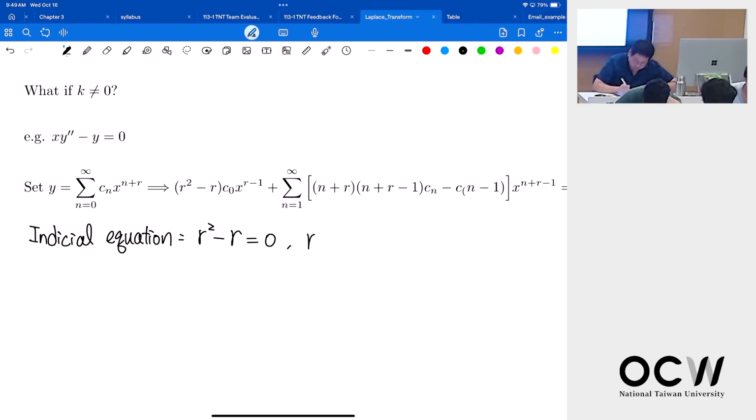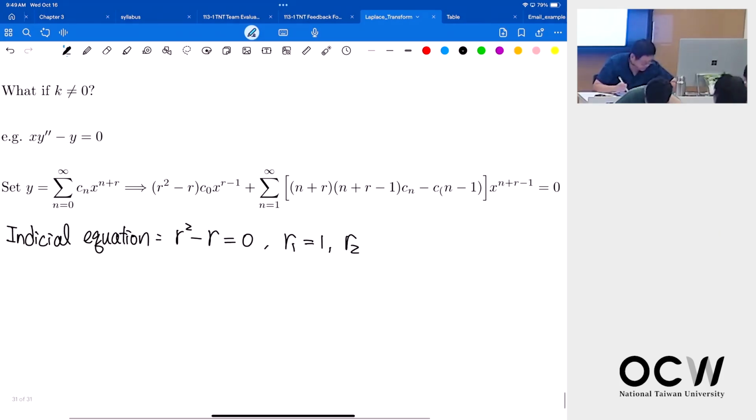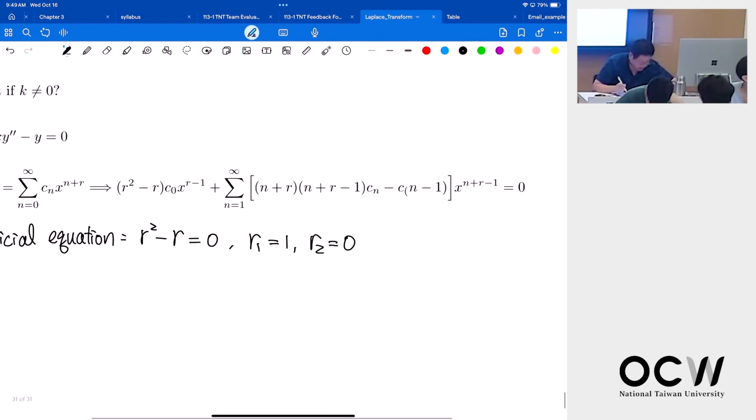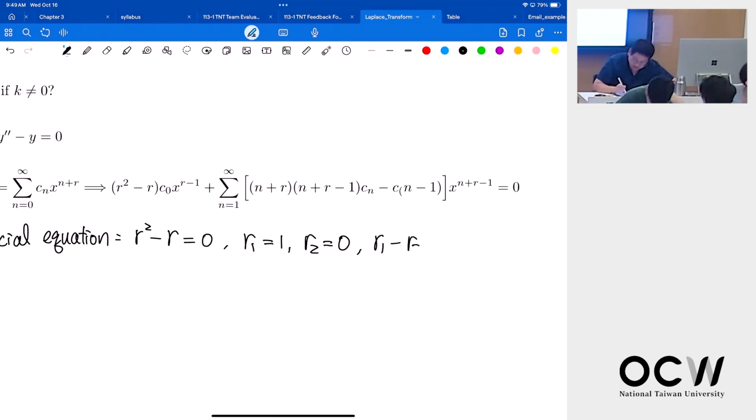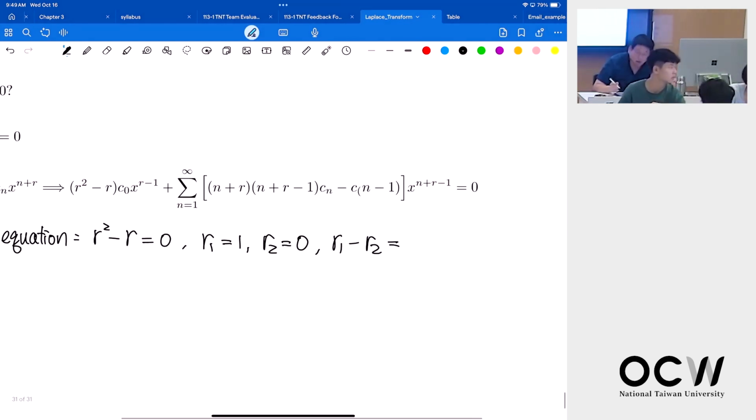So I have r1 equals 1, r2 equals 0, and the difference is 1, which is a positive integer.